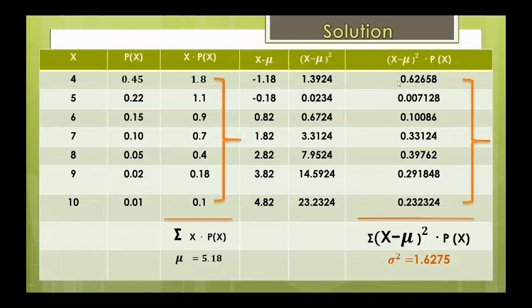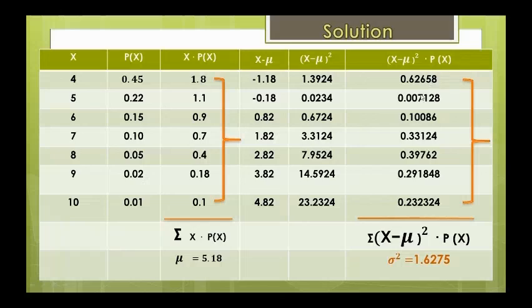Saan galing ito? From 1.3924, yung first entry sa fifth column, multiplied by the first entry sa second column, which is 0.45.